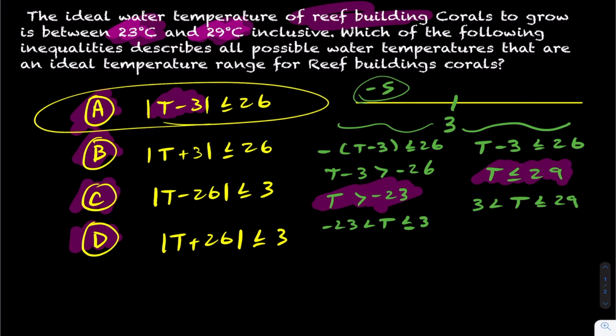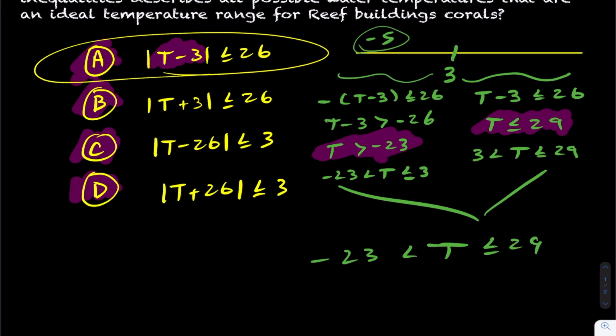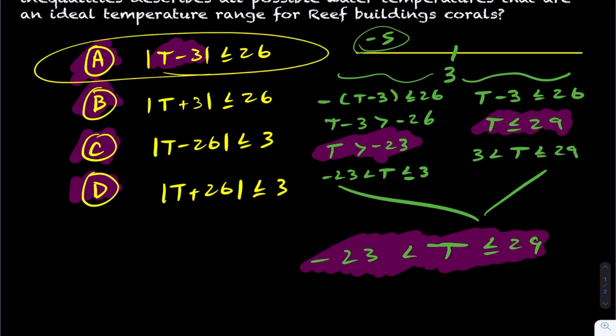If you combine both these inequalities, I have an inequality going from negative 23 to 3, and then one going from 3 to 29. So the total solution to this is negative 23 is less than t is less than or equal to 29. And obviously you can see right away that positive 23 degrees Celsius and positive 29 degrees Celsius are in this interval. So the answer to this question is A.